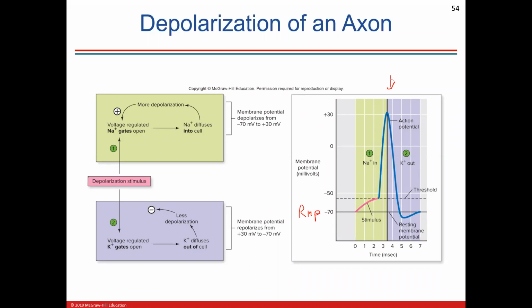So here's the threshold. If you have enough sodium coming in, and again, this is in milliseconds, once it hits the threshold, off it goes to the action potential, and it's nonstop, and it'll peak at plus 30. So sodium influx, depolarization.